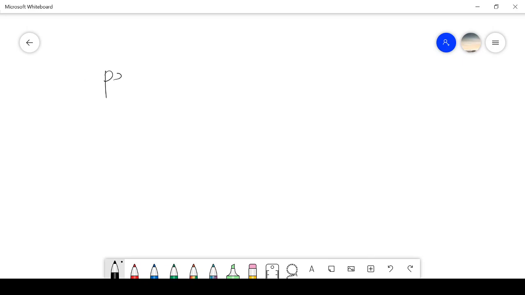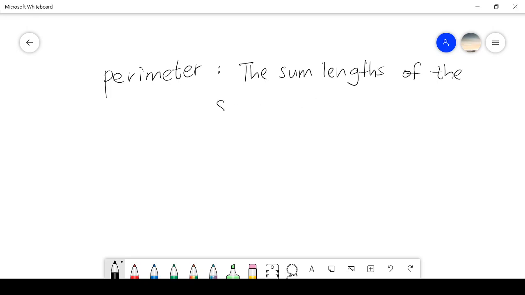would be perimeter, and perimeter is the sum of the lengths of the sides of a shape.